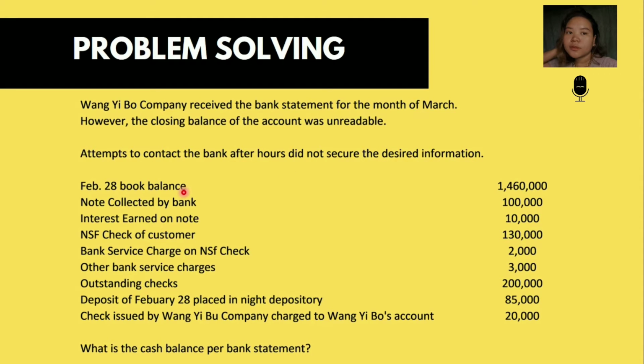For the February 28 book balance, we have 1,460,000, note collected by bank 100,000, interest earned on note 10,000, NSF check of customer 130,000, bank service charge on NSF check worth 2,000, other bank service charges 3,000, outstanding checks 200,000, deposit of February 28 placed in night depository 85,000, check issued by Wang Yi Book Company charged to Wang Yi Book's account worth 20,000. What is the cash balance per bank statement?